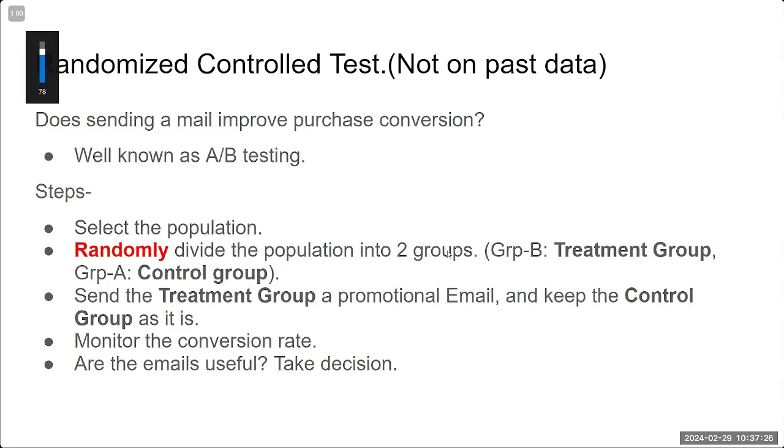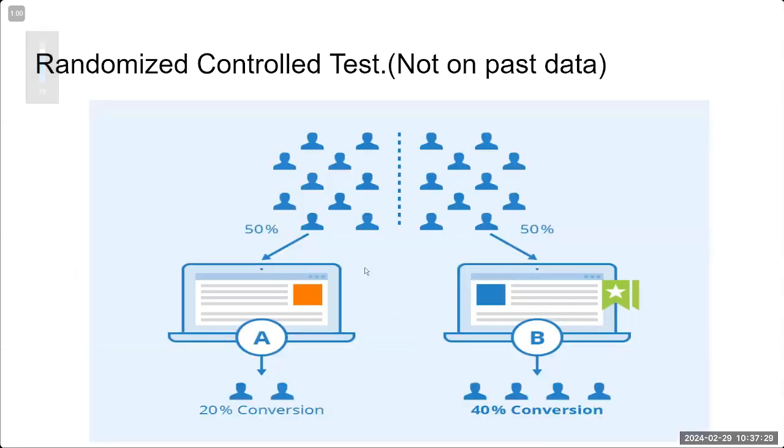Thank you. A visualization for this randomized control test can be shown here. The first row shows the selected population. Say you take 20 people from the whole group of users that you have. The first 50% you can think of as group A, the control group, and the second 50% as group B, the treatment group.